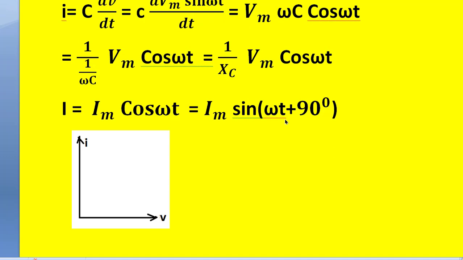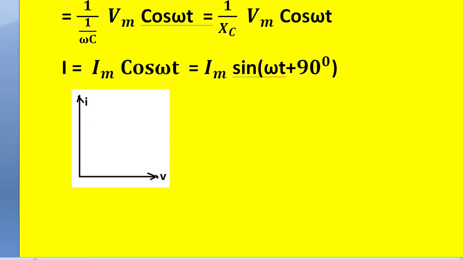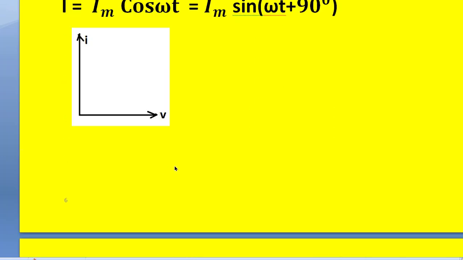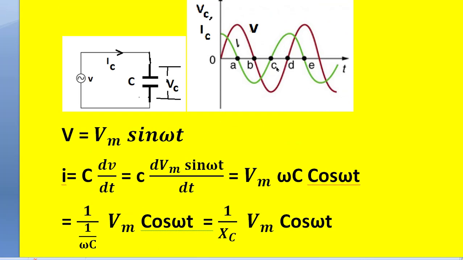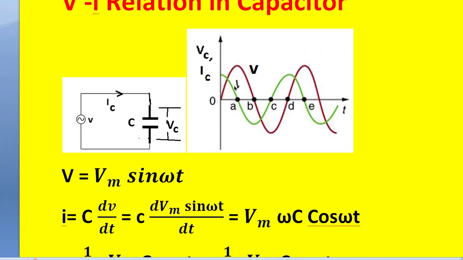So current leads the voltage by 90 degrees in a capacitor. And in the waveform also we can see here, current starts first, then the voltage starts, means current is leading the voltage by 90 degrees. That is what we can see in this waveform.